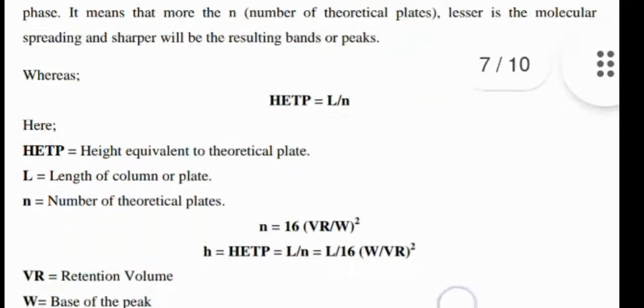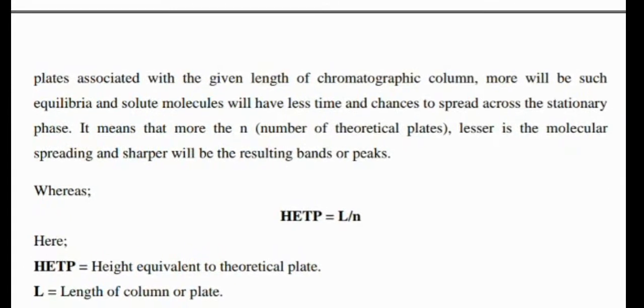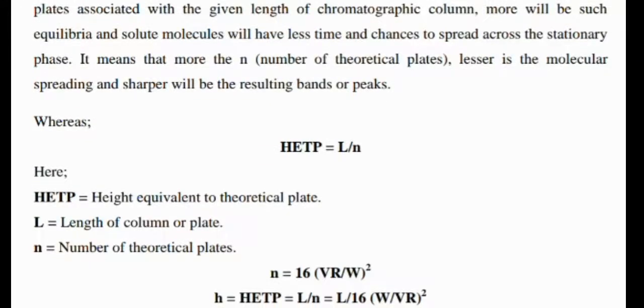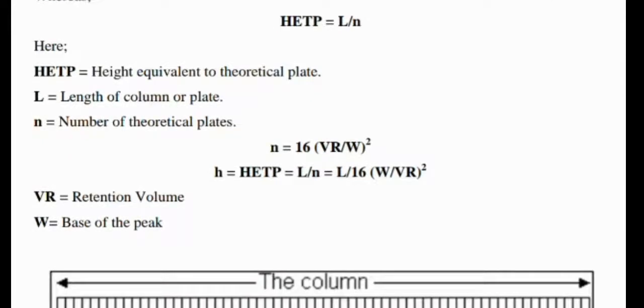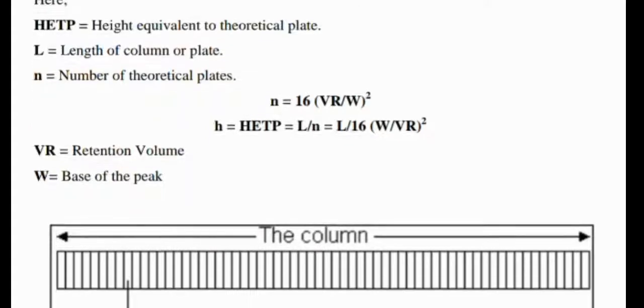The more the number of theoretical plates associated with the given length of the chromatographic column, the more such equilibria there will be, and solute molecules will have less time and chances to spread across the stationary phase. HETP is equal to L divided by N. HETP is the height equivalent to the theoretical plate, L is the length of the column, and N is the number of theoretical plates.